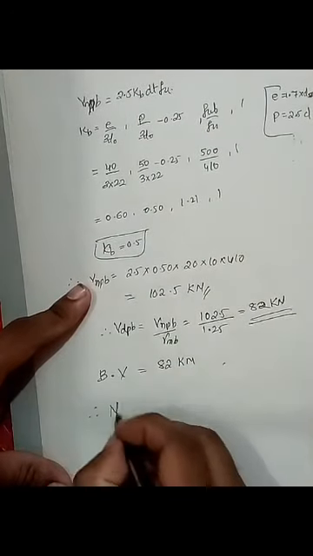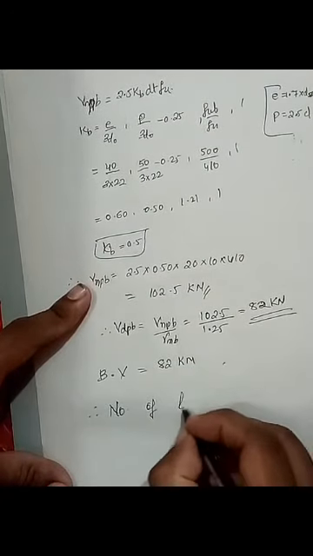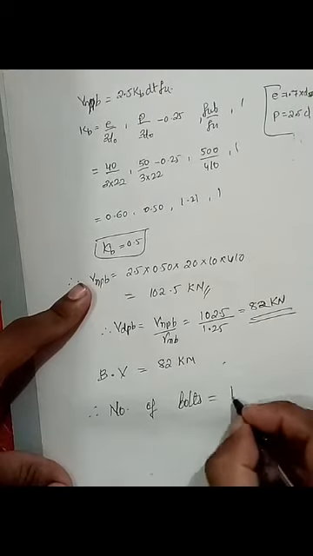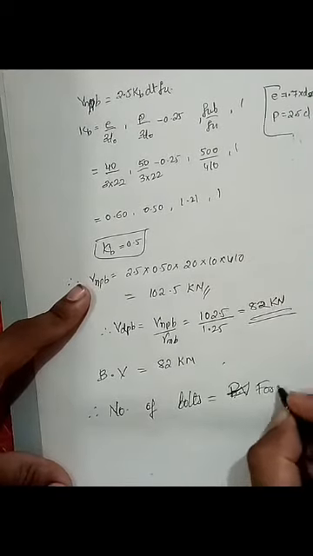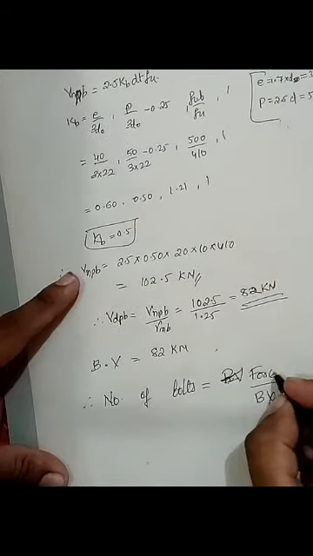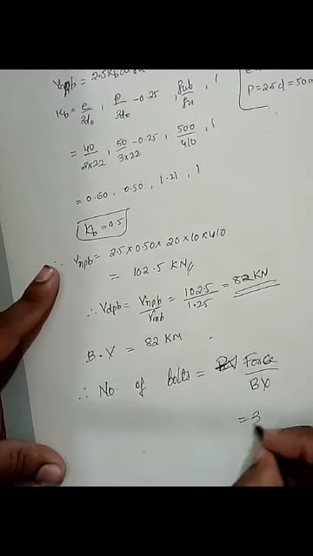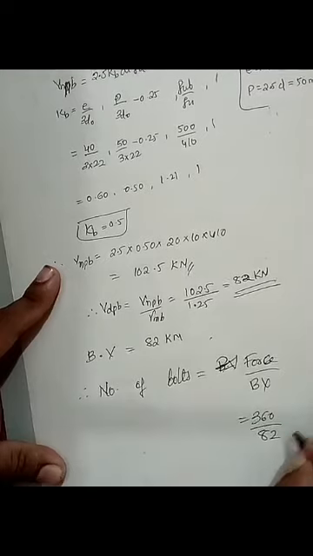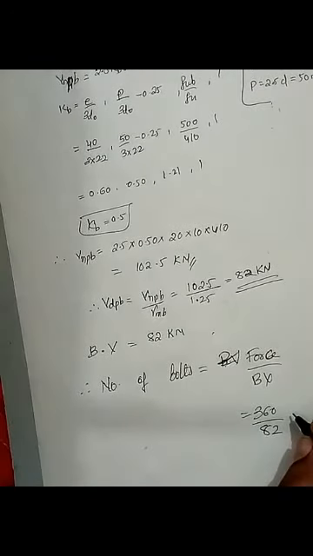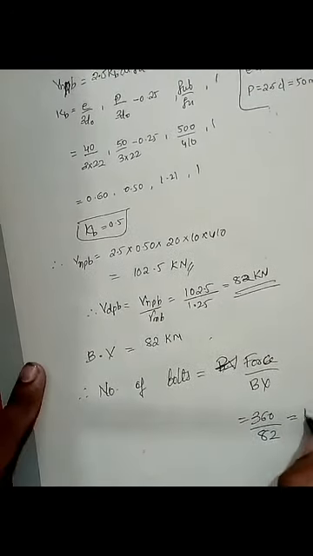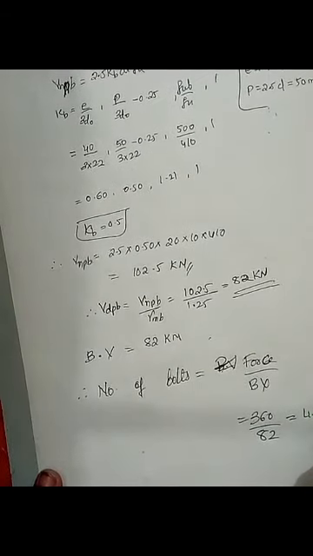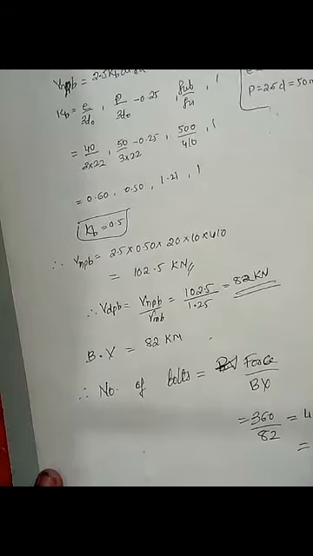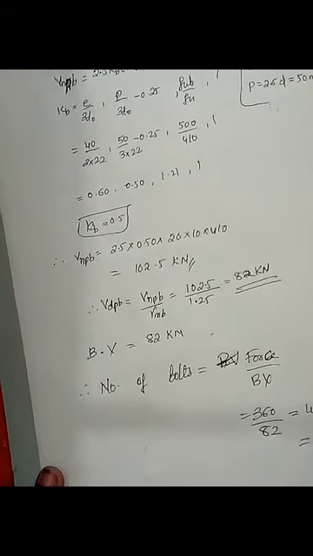So therefore number of bolts is equal to force by bolt value. Force on this is 360 by 82 kilonewton, that is equal to 4.39 bolts. So round it up to 5 bolts.